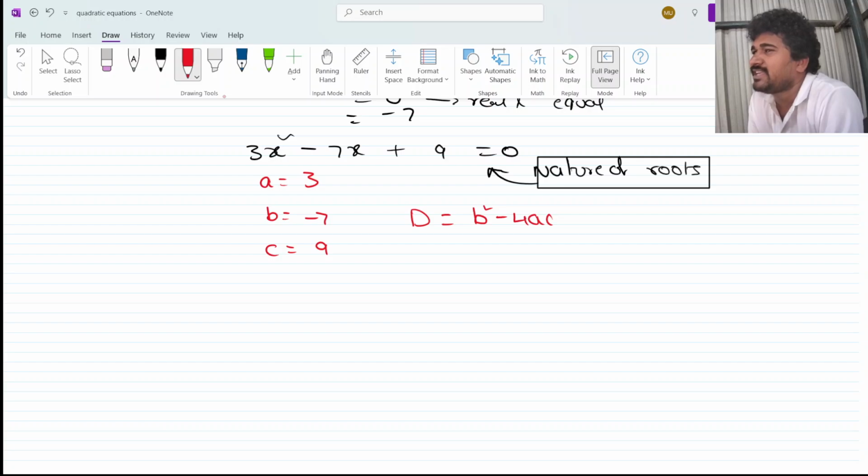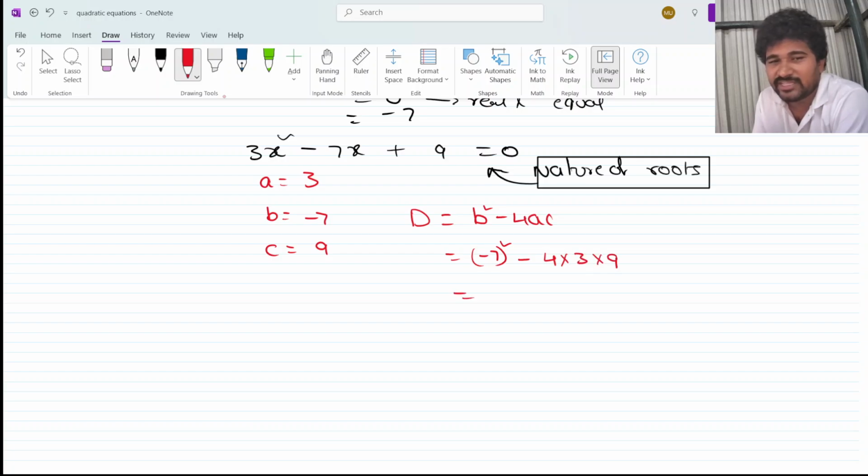Repeat, D is equal to B square minus 4AC. Now put the values: B is -7 whole square, minus 4 into A which is 3, into C which is 9. 7 7s are 49. 4 3s are 12. 12 9s are 108. So it is going to be a negative.